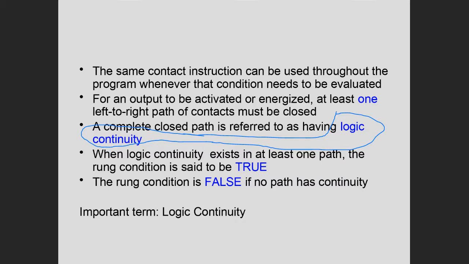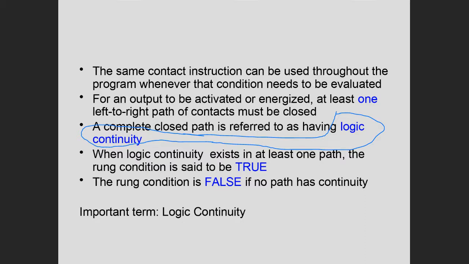If all the inputs are true, whether we have examine if open or examine if closed, it doesn't matter. It's not the state of the switch being open or closed, it's the truth or falsity of the instruction. If I have a complete row of truths in a rung, then we say that we have logic continuity. The PLC works off of logic continuity and not current continuity. That's the point of your lab. Your lab is going to help you to understand what we mean by that.